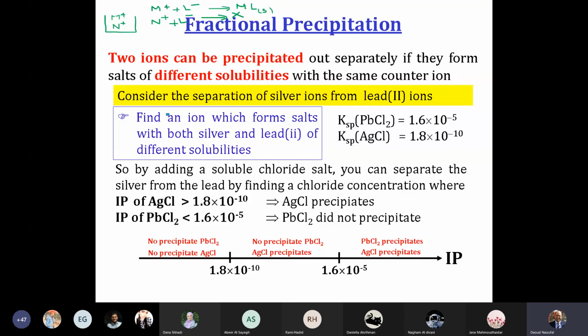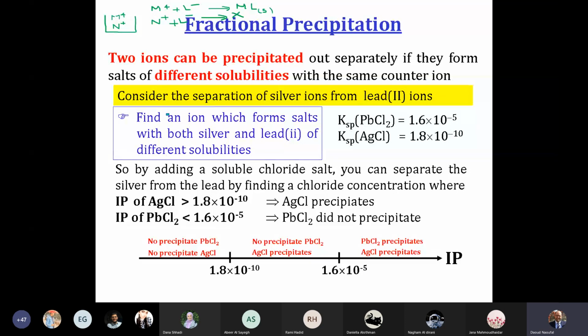What is the meaning? Addition of a substance containing L minus will precipitate by theory M plus to ML, but N plus did not form a precipitate with L minus, so N plus will be free in the solution.